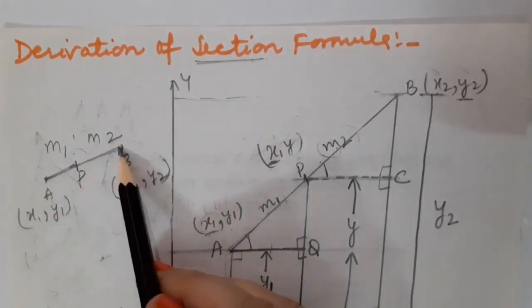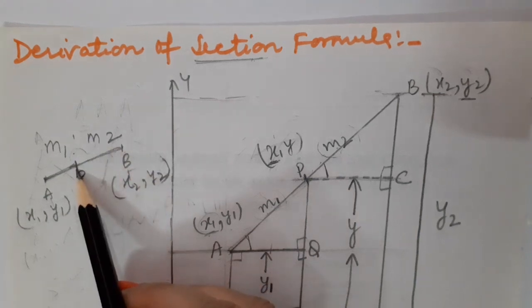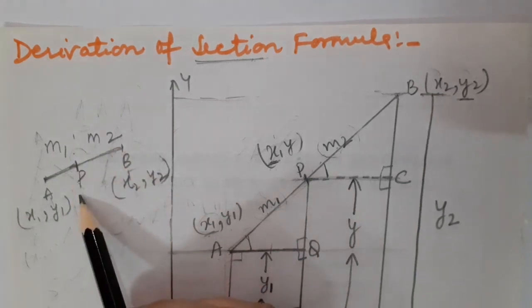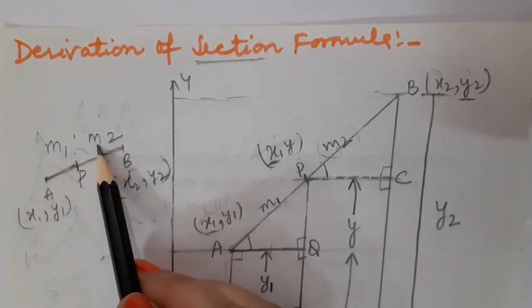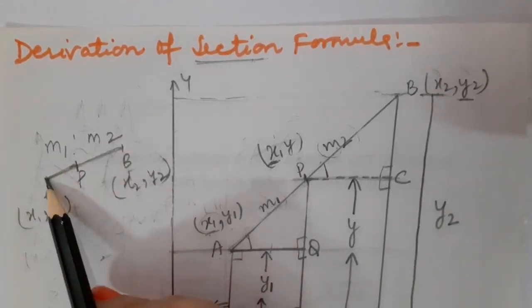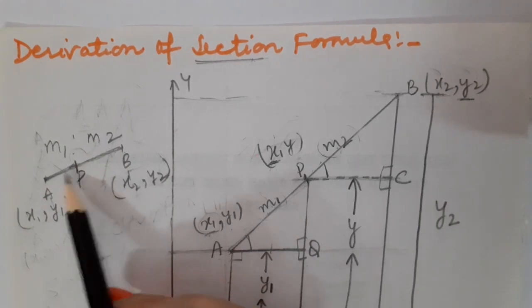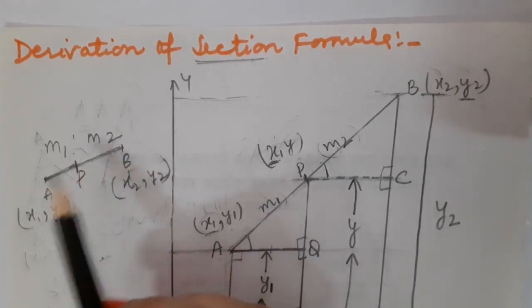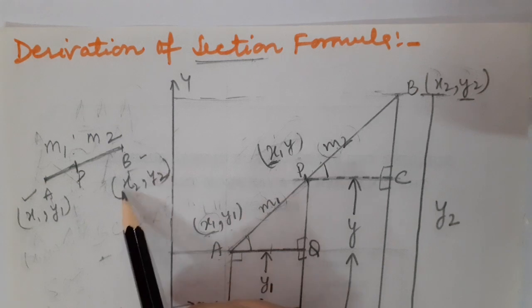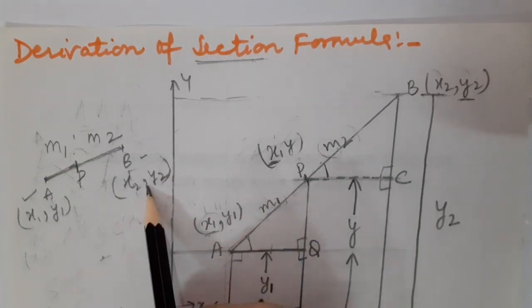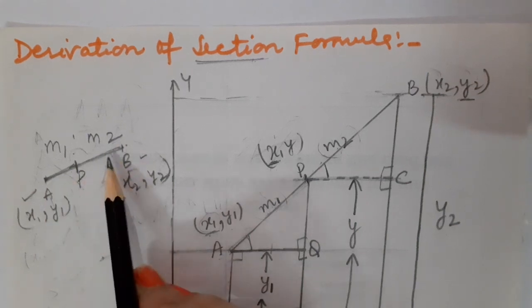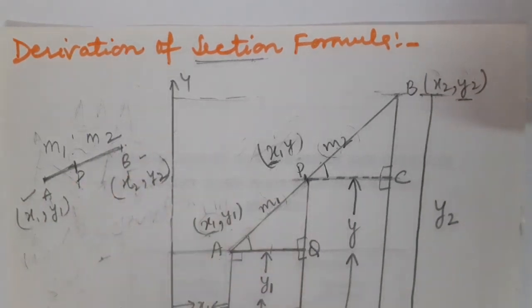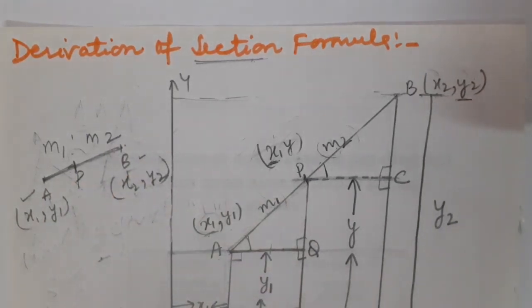So through section formula, children, we are capable of finding the coordinates of the point of division. For that, you must have that particular ratio given, in which that point of division is going to divide the line segment, and you must have the coordinates of the points that make the line segment which is going to be divided. Correct, students? So this is the purpose of the section formula.